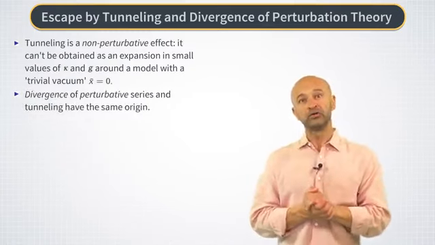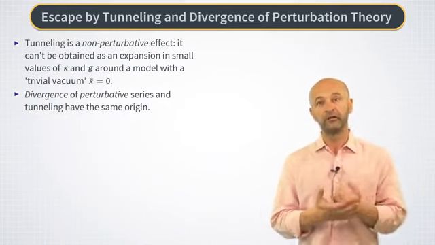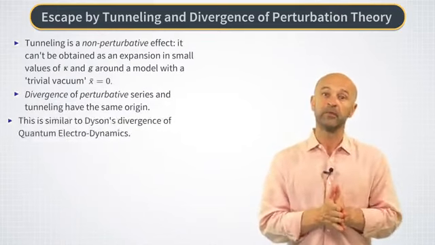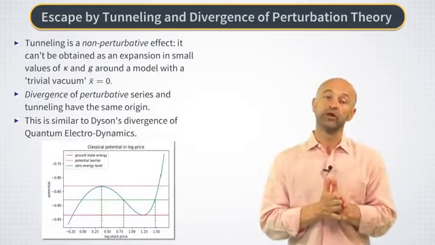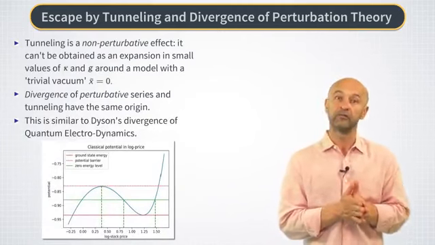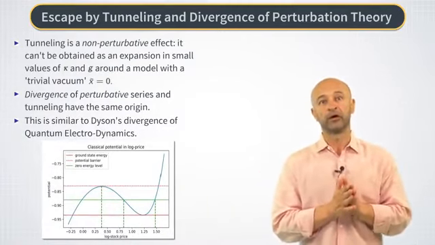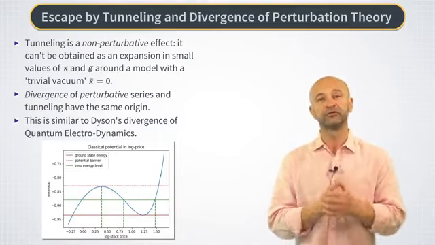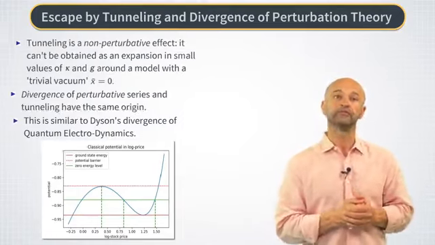And the origin of this divergence of perturbative series and tunneling turns out to be the same. A mechanism for this is similar to the divergence of quantum electrodynamics that was discovered by Freeman Dyson in the 1950s. You can read more about such problems in statistical physics and quantum mechanics in your weekly reading list for this week. And for now, we just want to summarize.